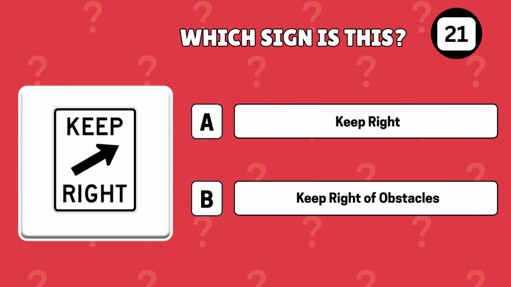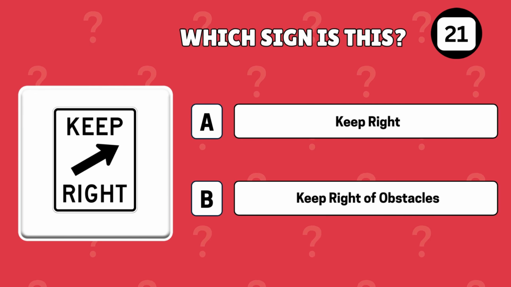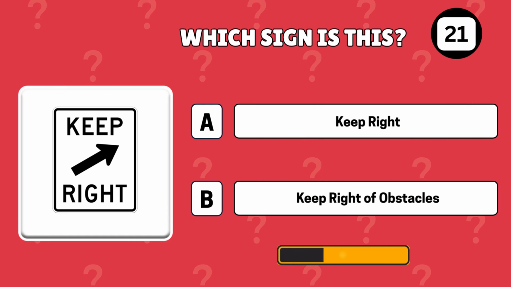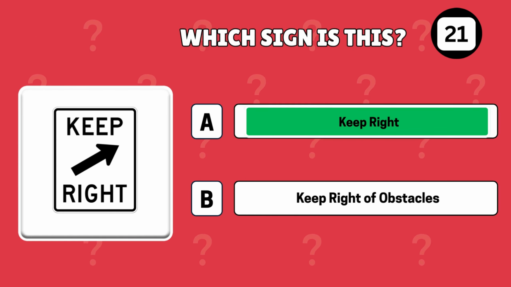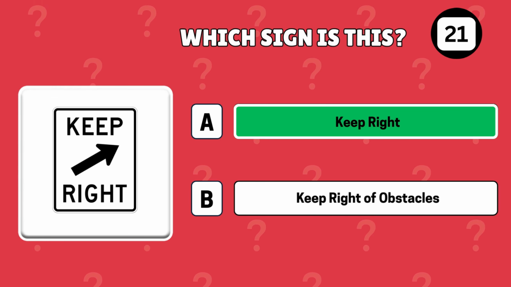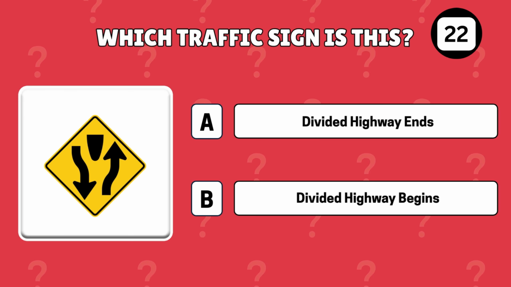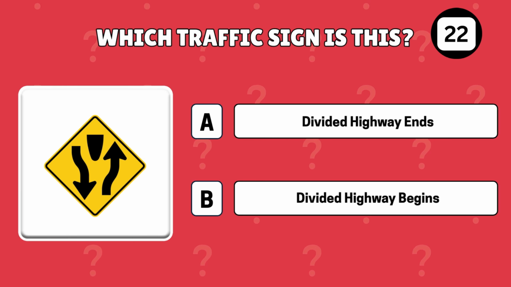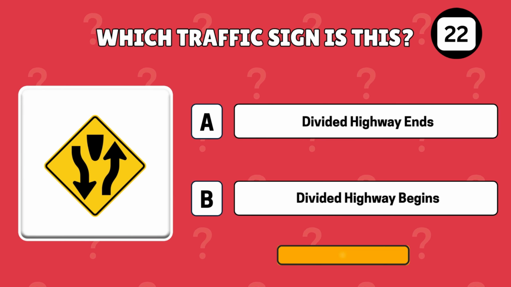Which sign is this? A. Keep right. B. Keep right of obstacles. You got it. This is the keep right sign. Which traffic sign is this? A. Divided highway ends. B. Divided highway begins.